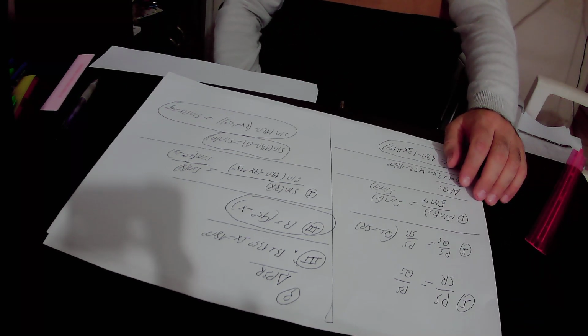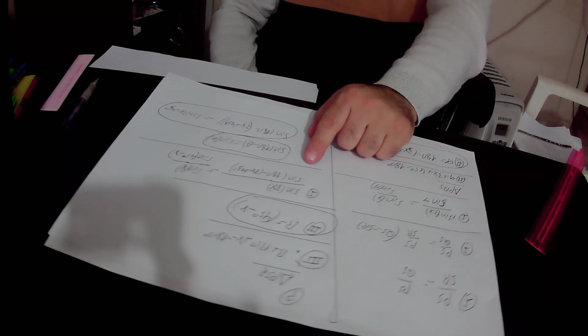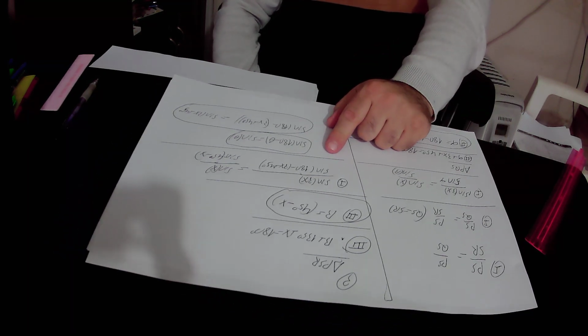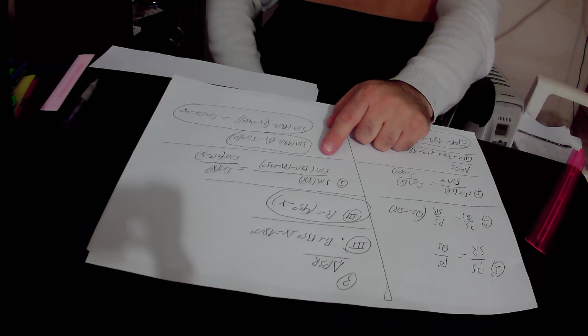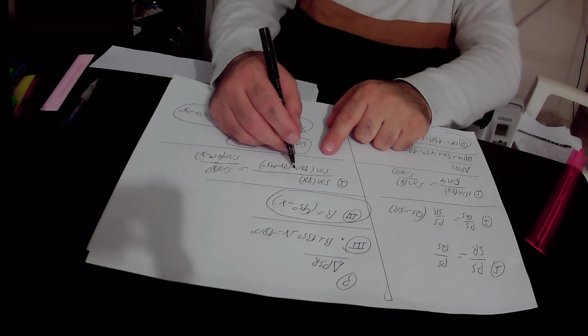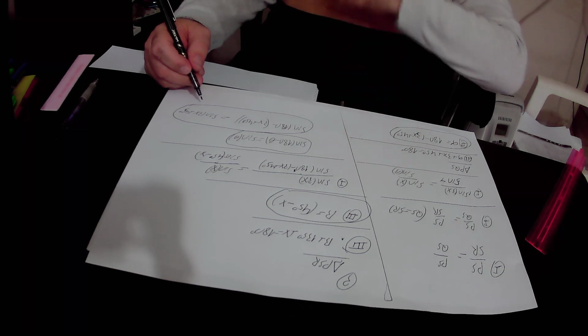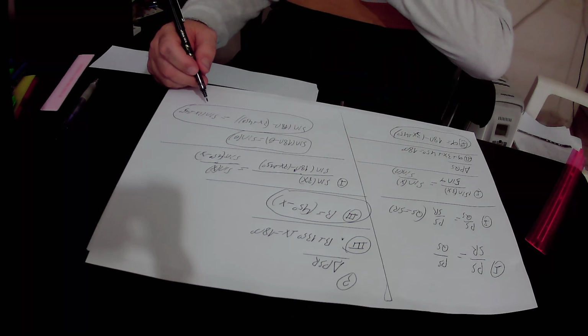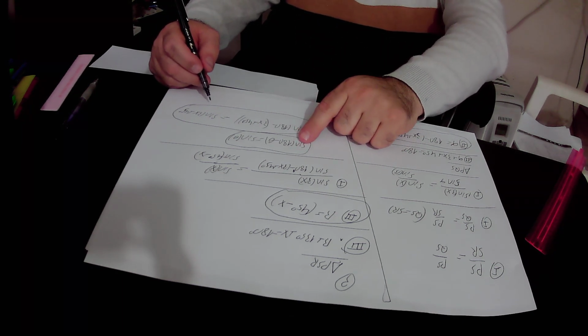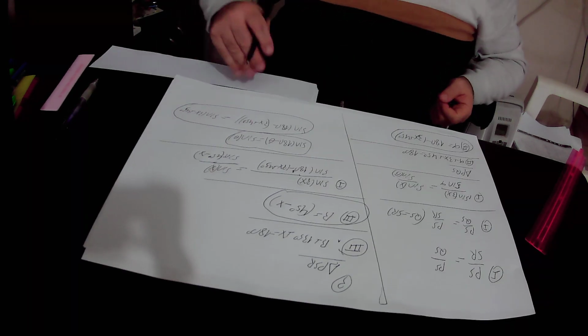So now we will substitute it by sine of (3x plus 45 degrees) according to this trigonometric identity.